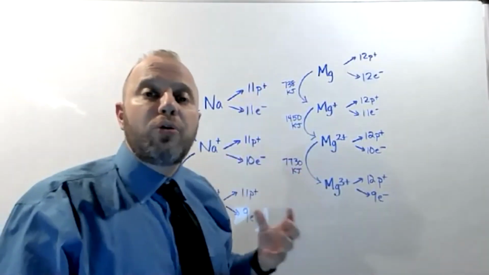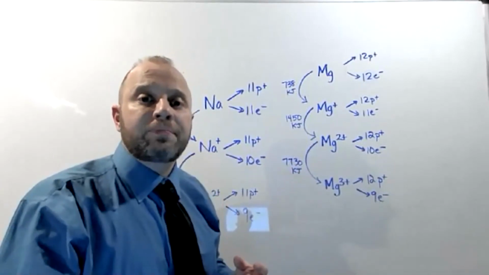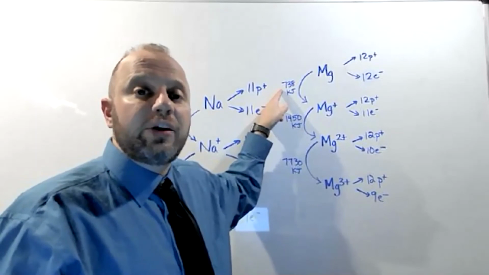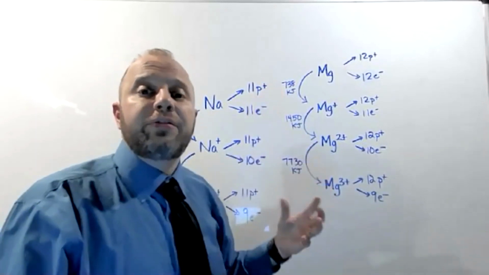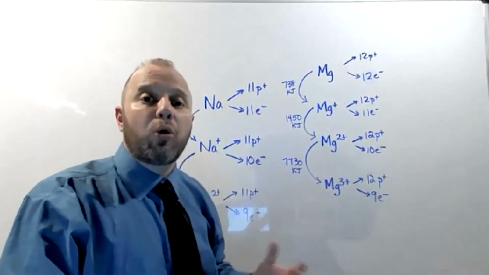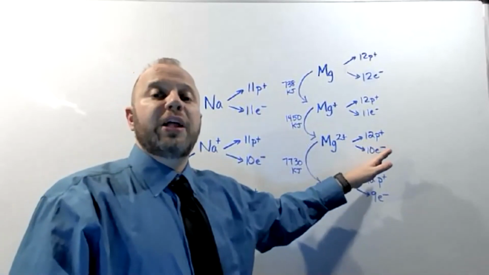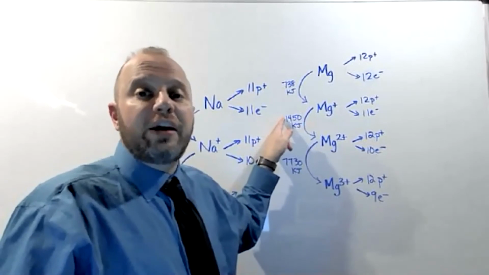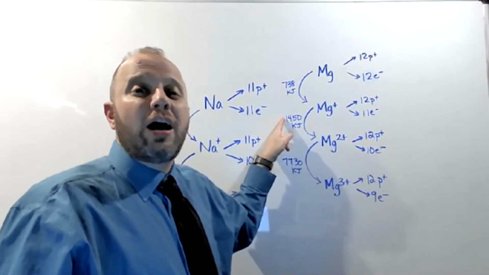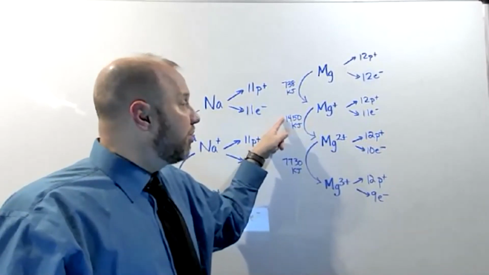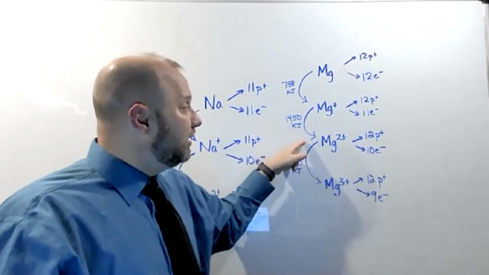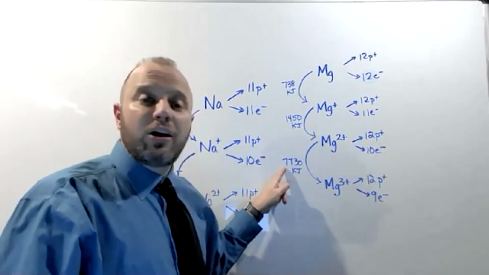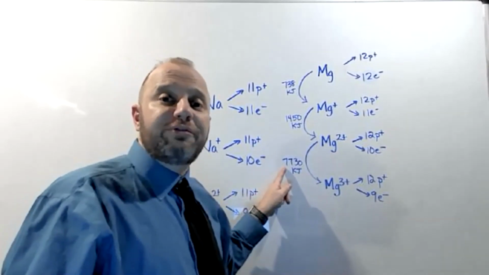Let's look at removing electrons from magnesium. Removing the first electron costs us 738 kilojoules. Of course, removing the second electron is going to require more energy because of the proton to electron ratio, but it only goes up to 1,450 kilojoules. However, when we try and remove a third electron from magnesium and form the magnesium 3+ ion, we go up by almost a factor of 5.